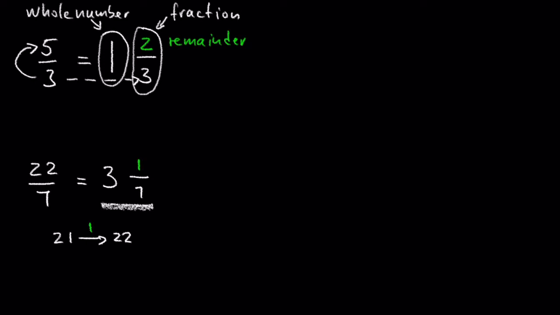Let's look at 45/7. We see immediately that 45 divided by 7 is 6, because 6 times 7 is 42. If you don't see that, I highly recommend learning your multiplication tables as fast as possible.